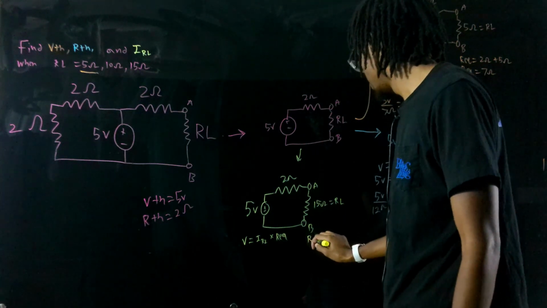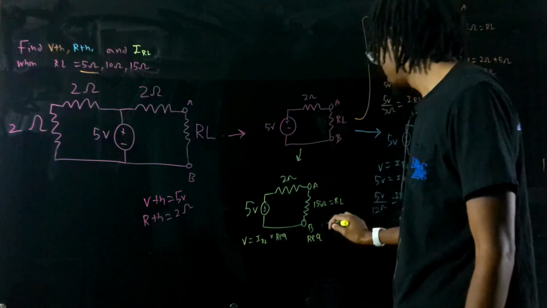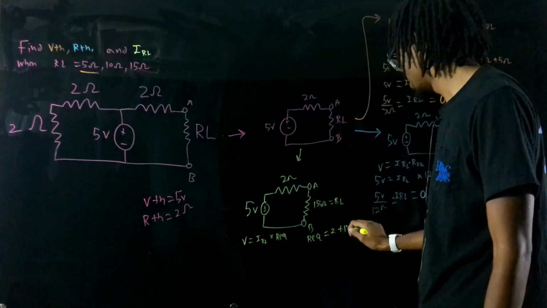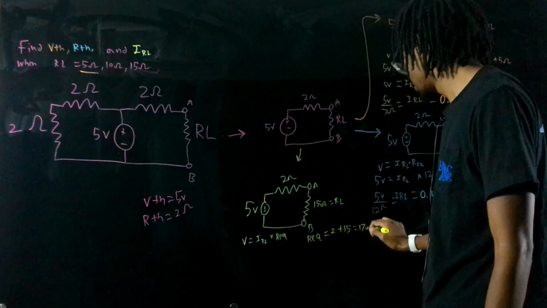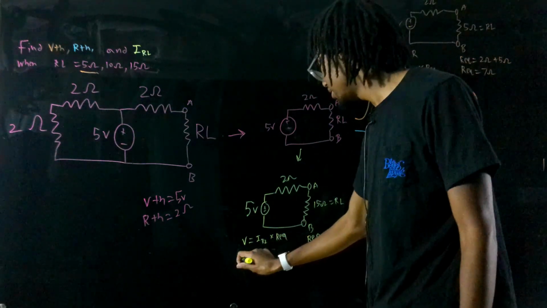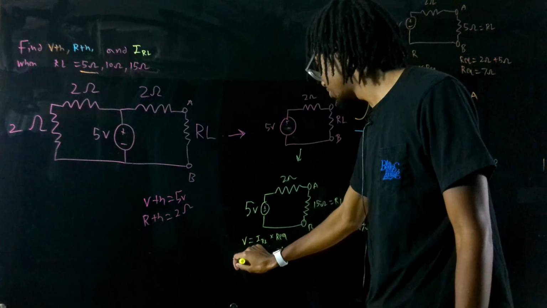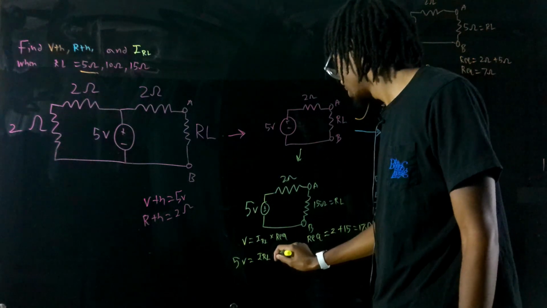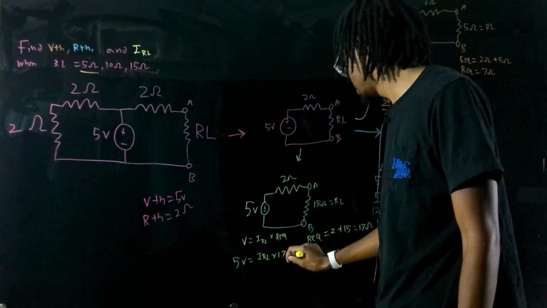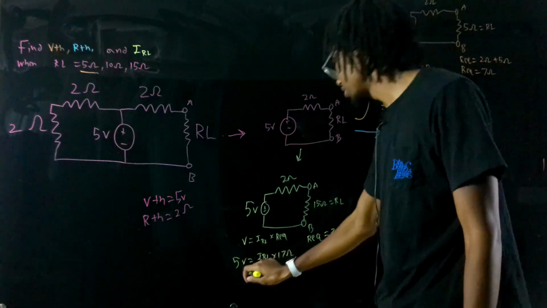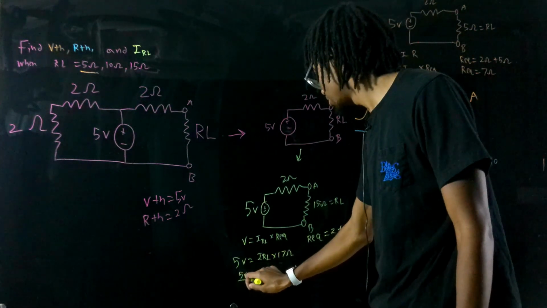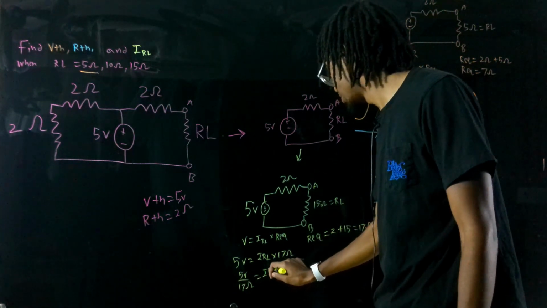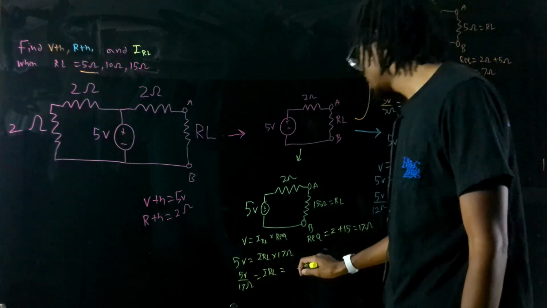Our REQ will be equal to our 2 ohm and 15 ohm resistors in series. So 2 plus 15 equals 17 ohms for our REQ. And V will be our source. So 5 volts equals IRL times 17 ohms. Then we'll redraw our circuit. 5 volts over 17 ohms equals IRL.